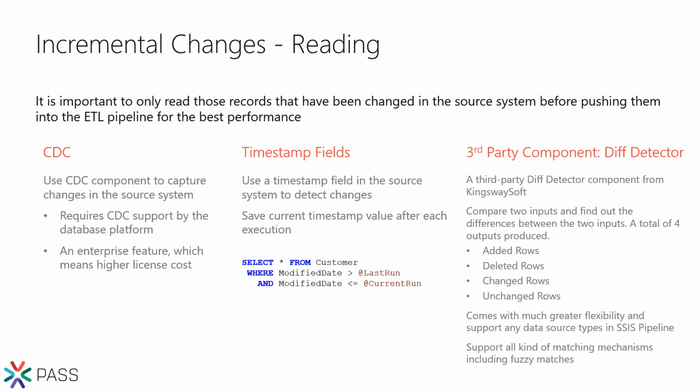So in most cases, when you use a timestamp field, my recommendation is you do a little bit of back off. Because, as I mentioned, when you try to read the incremental change, there is actually a pending transaction before that read happens.